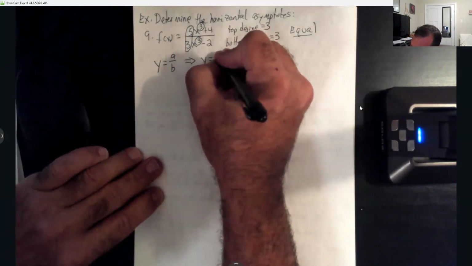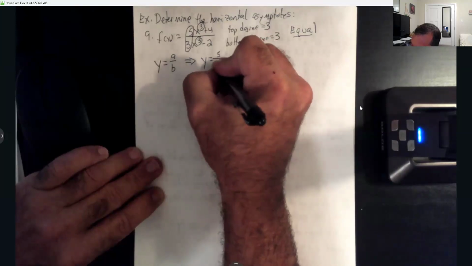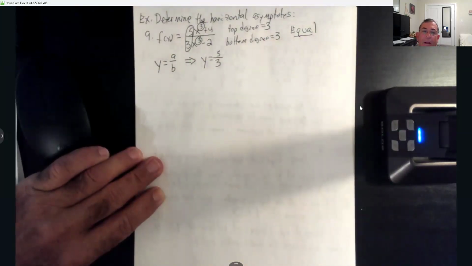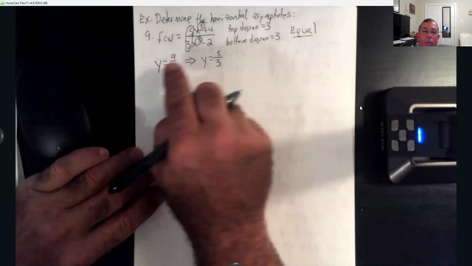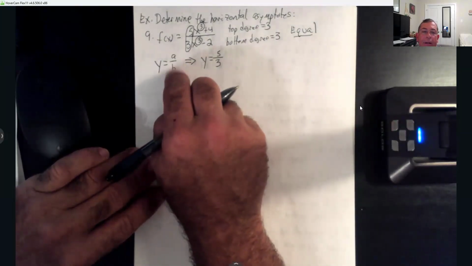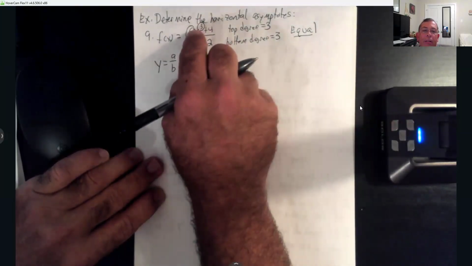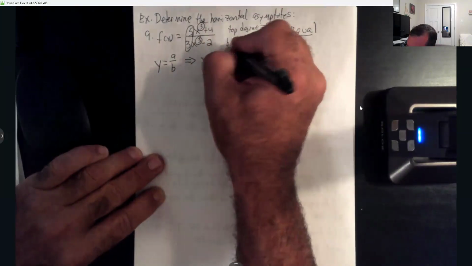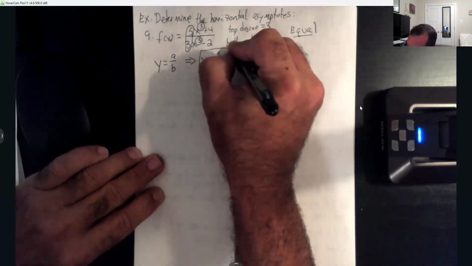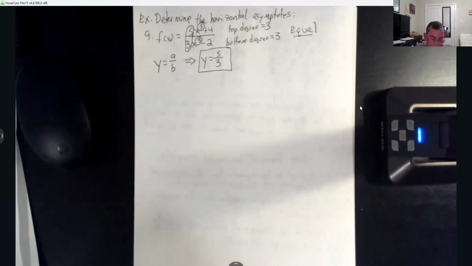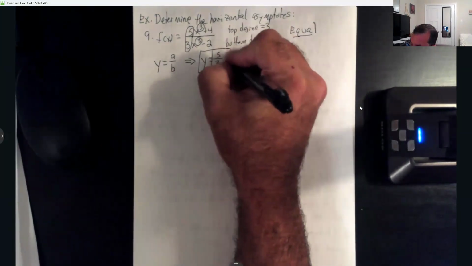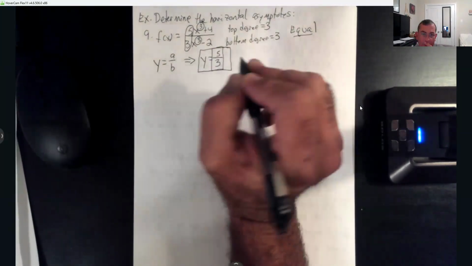So a will be 5, b will be 3. So remember, if they're equal, it's the fraction where a and b are these lead coefficients. Okay? Now, y'all, they got the y equals part, so you just got to put in the 5/3.